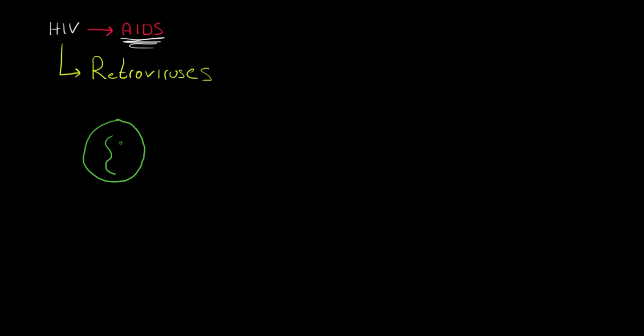So I will draw some enzymes here. We're going to see one specific enzyme later on and why it's important for the replication of HIV. So what you need to know here is that retroviruses are basically viruses that contain RNA with enzymes. The genetic material and the enzymes are very well protected within the HIV particle.